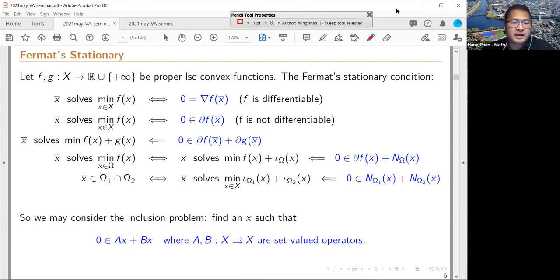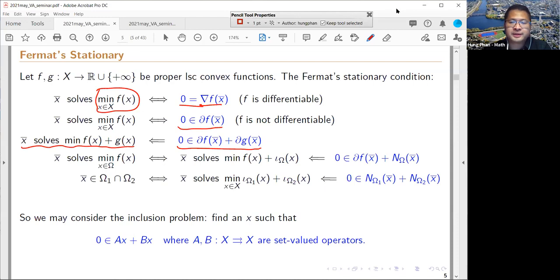When we minimize the function f over the full domain, little x in capital X, the sufficient and necessary condition is that either the gradient is 0, in the case f is differentiable, or 0 is in the subdifferential of f at the point x bar. Moving further, if we solve the minimization of the sum of two functions, we only have one implication, from the right-hand side to the left-hand side.